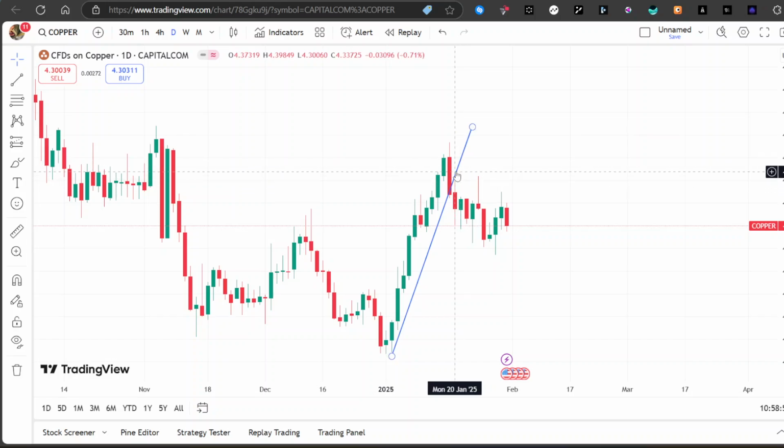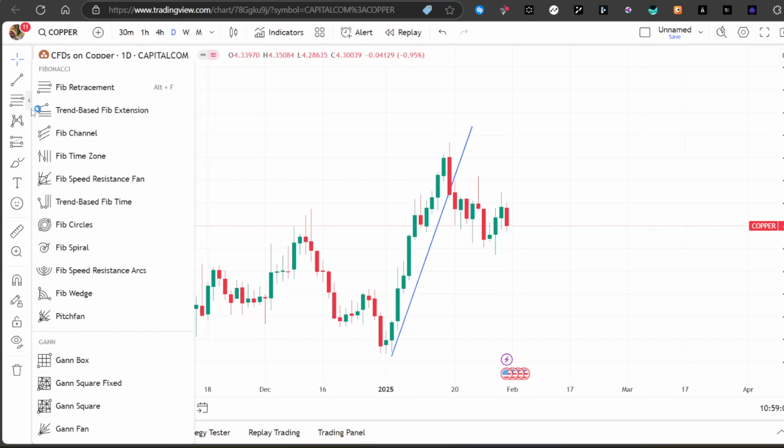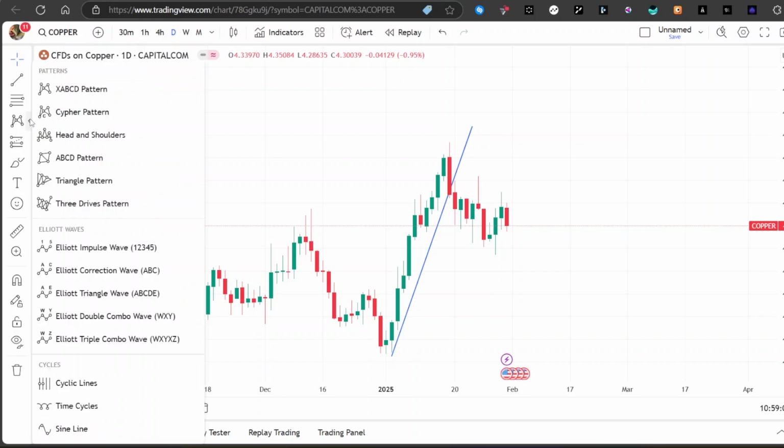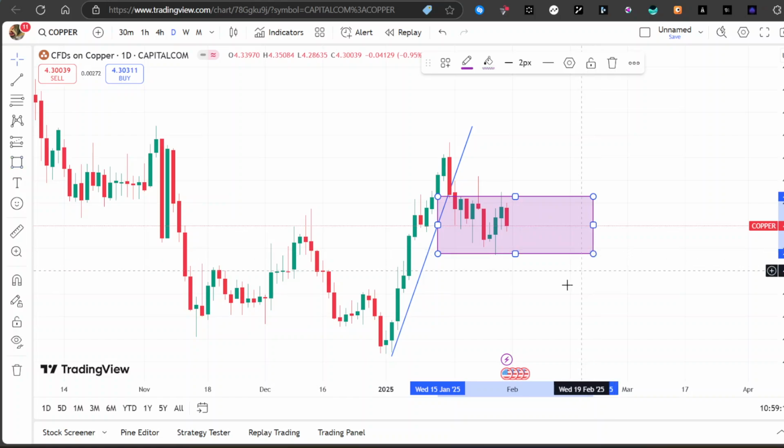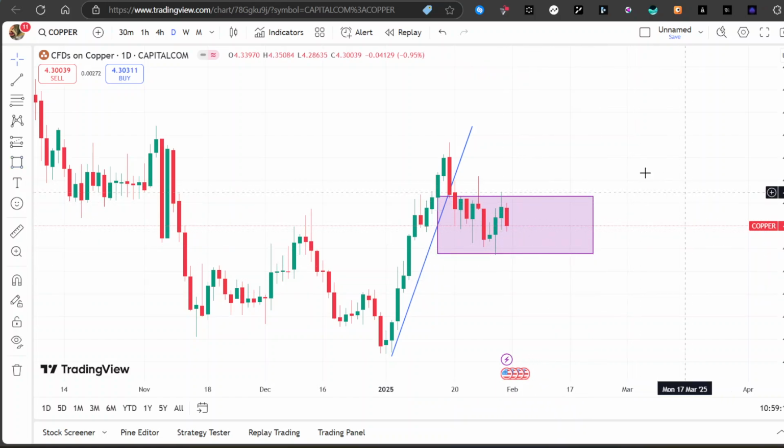And right after that breakout happened, we are having a sort of consolidation pattern around here. Can you see that? So currently we are not in a specific trend, so we just have to watch out for a breakout, either to the upside or to the downside. Now this is the daily time frame.